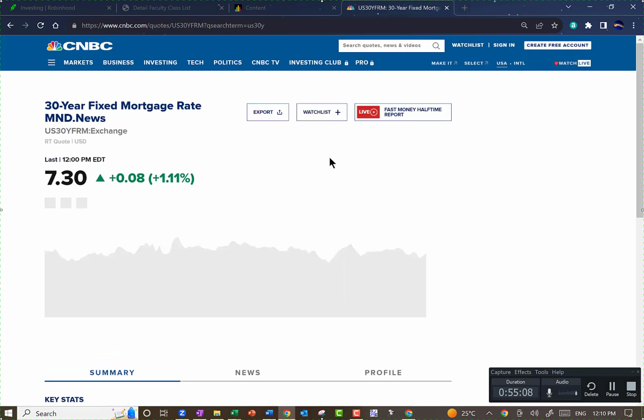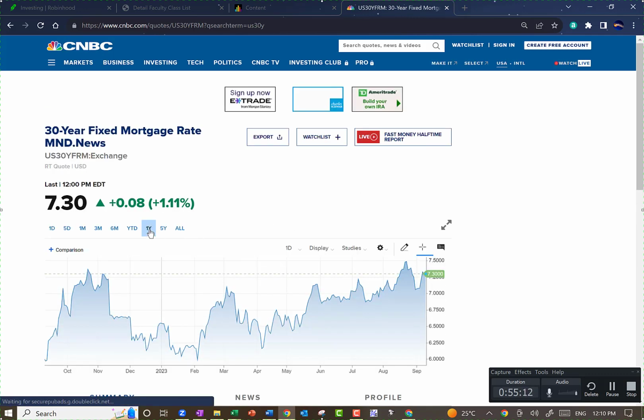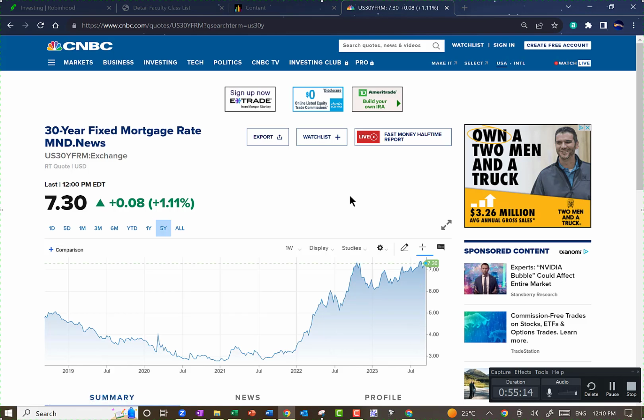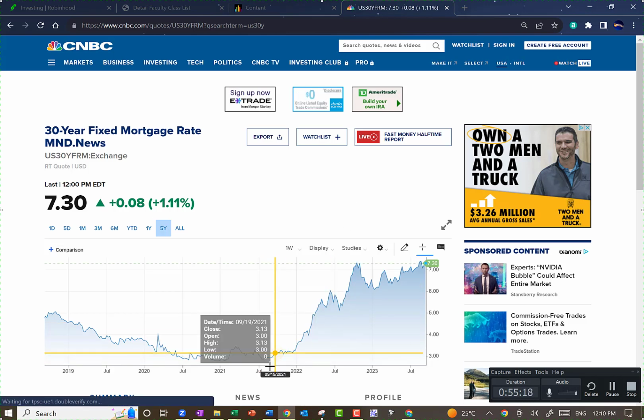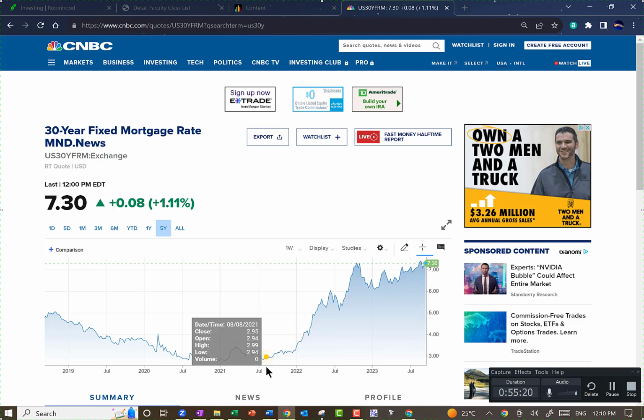This is an indicative mortgage rate for people with very good credit. So August of 21, we got something around 2.87. The bottom was around 2.75. It's 7.30.